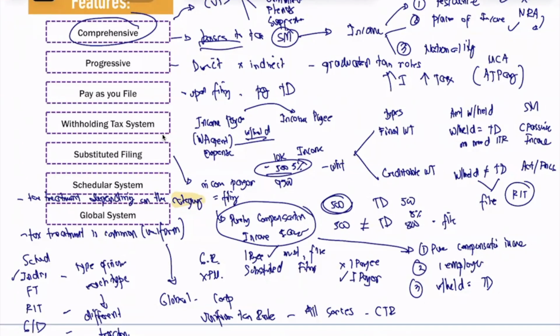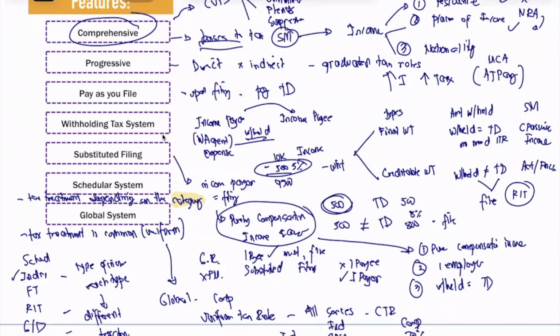So let's say, for example, 20%. Okay? Interest. Ito na lang example natin. Pag individual, sa interest, ang final tax niya ay 20%. Assuming resident citizen yan. Tapos, pag corporation yan, generally, it is 20%.